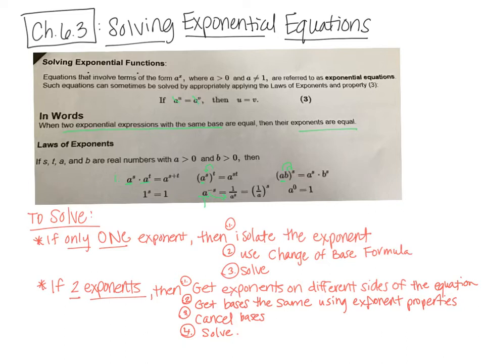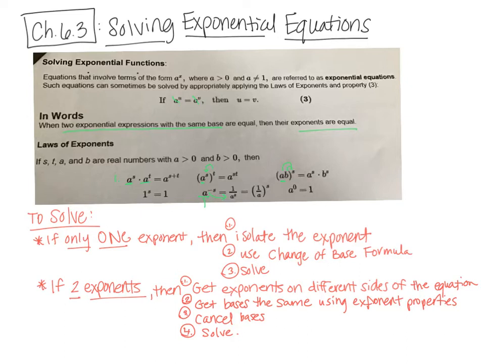So I'm going to look at each of those separately as we get into the examples. Okay, if I have only one exponent, the first thing I'm going to do is isolate the exponent. I'm going to use this change of base formula, which I'll show you as we do the examples, and then I'm going to continue to solve. If I have two exponents, then what I'm going to do is make sure that those exponents are on different sides of the equal sign.